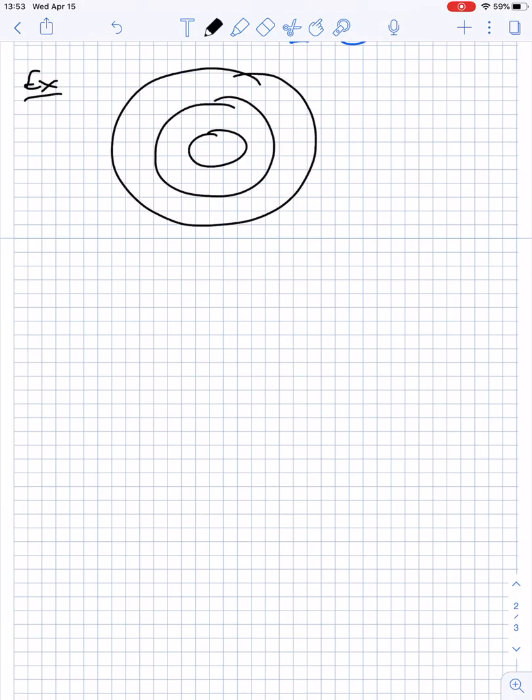Next example. I have 3 circular loops, and for each the radius is 1 meter, 1 meter and 1 meter.